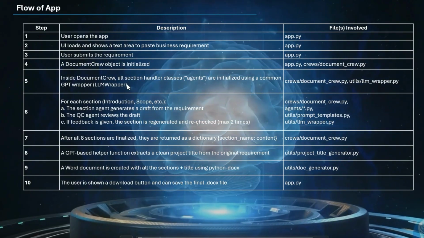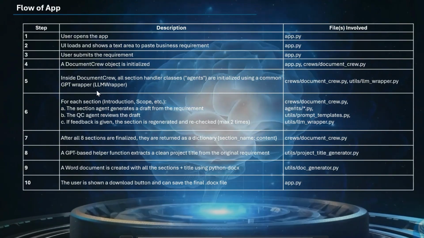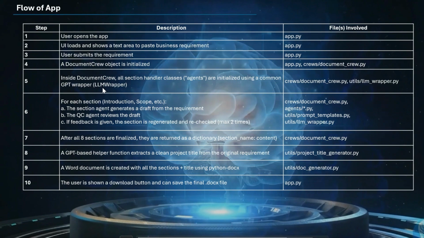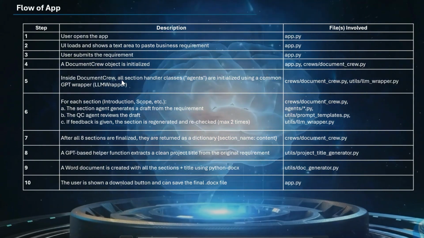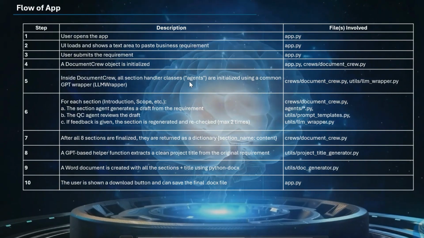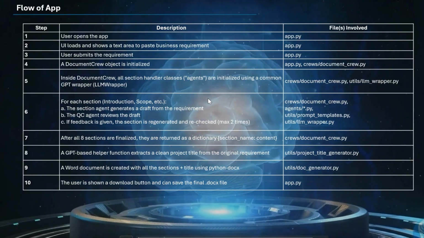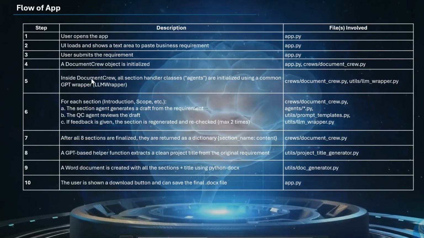Inside the document crew, all section handlers like agents are initialized using a common GPT wrapper, which is an LLM wrapper. So from document crew, the LLM wrapper gets called, which actually calls the LLM, which is GPT in this case, and also calls individual agents so that the output is generated and the wrapper is able to wrap it and provide it in a presentable format.